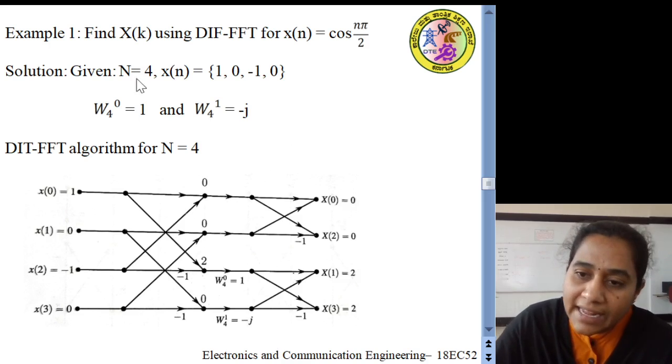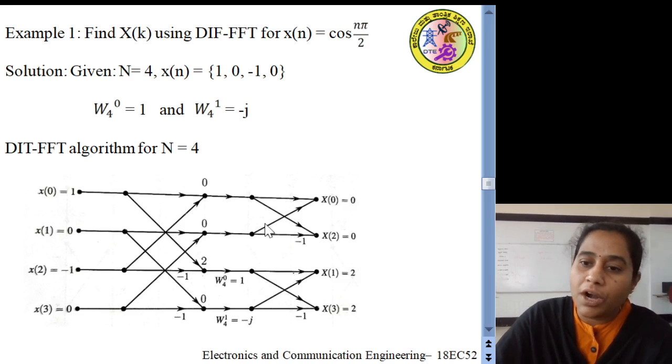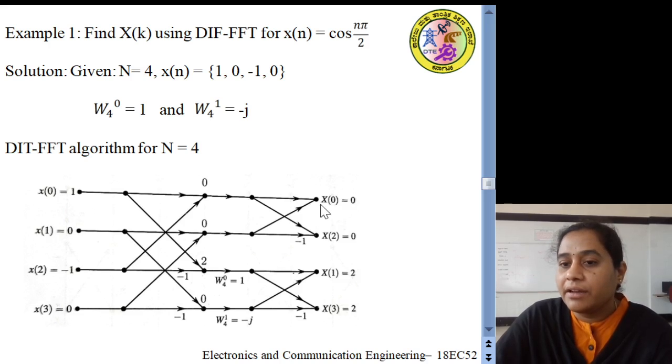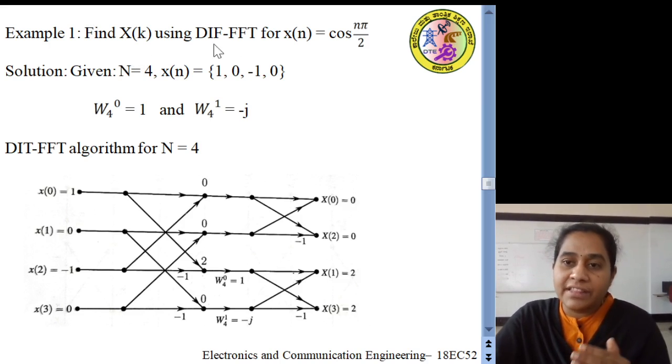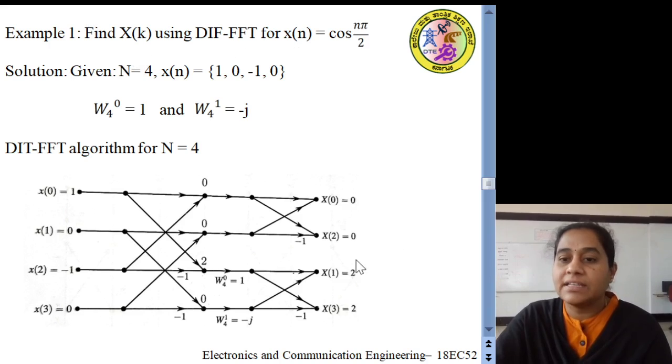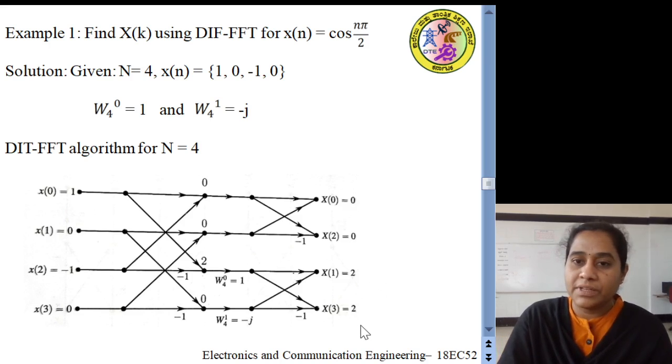If we calculate the outputs, we obtain x of 0 as 0, x of 2 as 0, x of 1 as 2 and x of 3 as 2. So x of k for the given x of n is 0, 2, 0 and 2. This is the solution for this example.